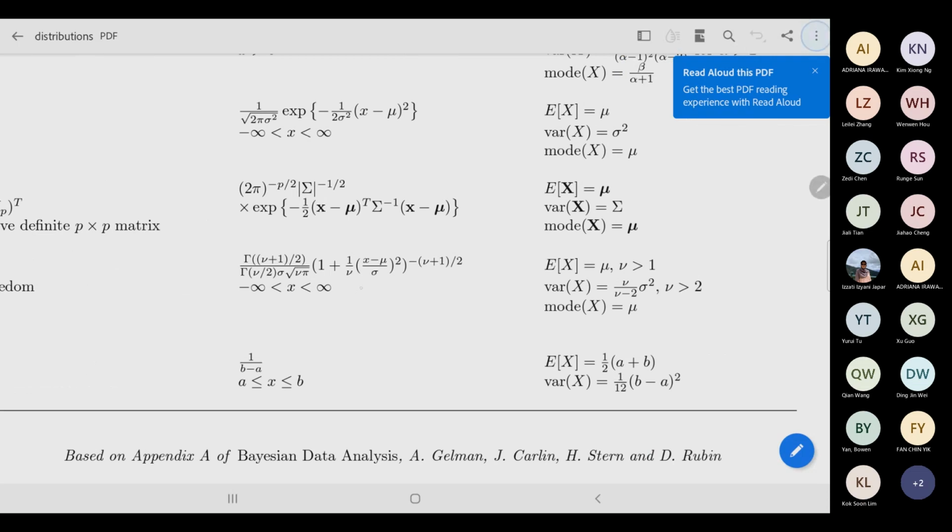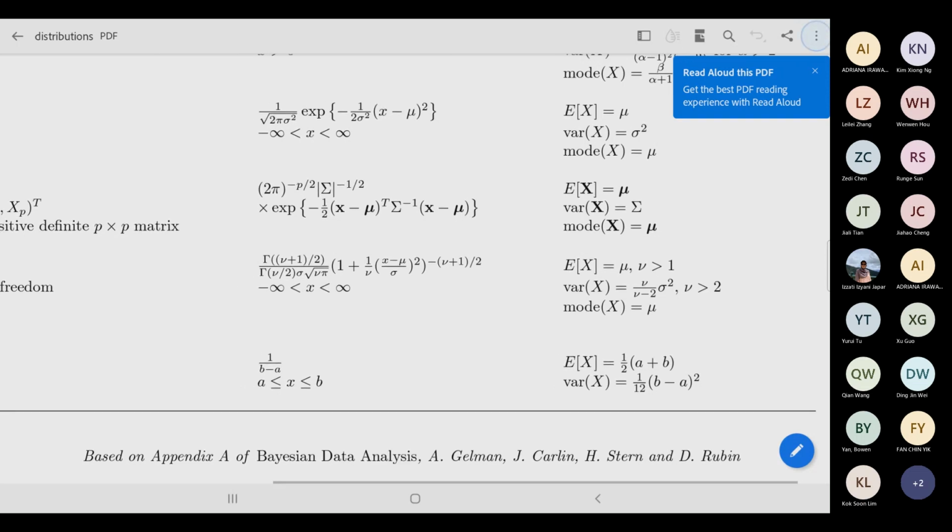So this is where you need to move around. Then you have V1 minus V, wait, should be N. Sigma square.